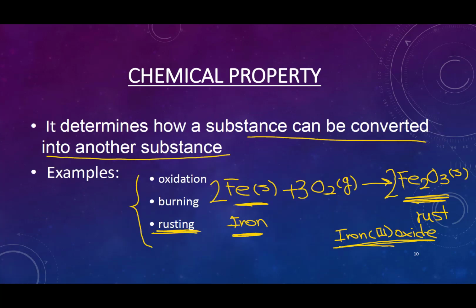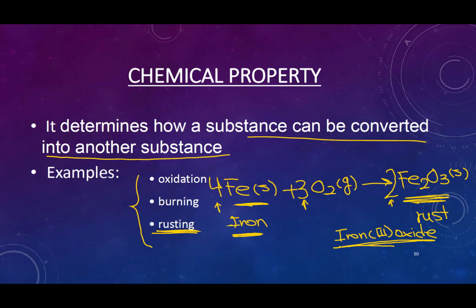Remember, I added 2 in front of the iron, 3 and 2. For example, on the left side I have 2 iron, on the right side, oh, actually that is not right. This is 4. I hope you fix it.